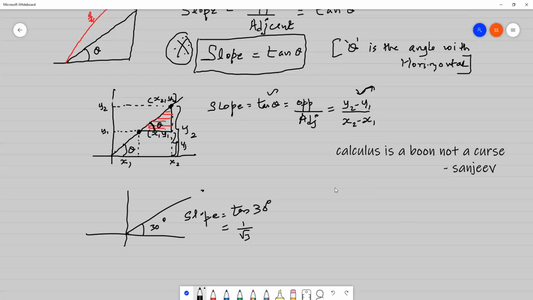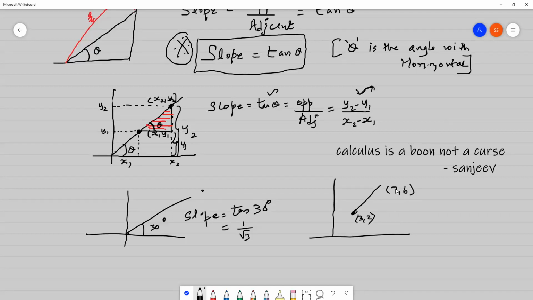Otherwise, if the given quantities are not the angle, if there is a line like this and they give you this point as x1 comma y1, say 3 comma 2, and this point as 7 comma 6.